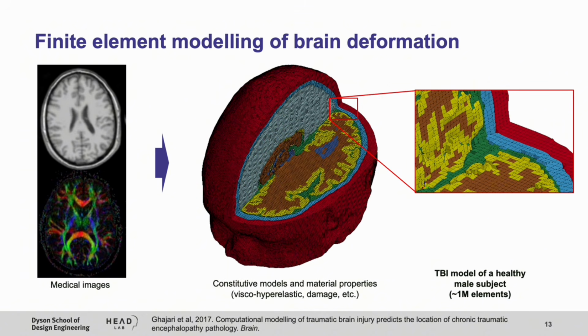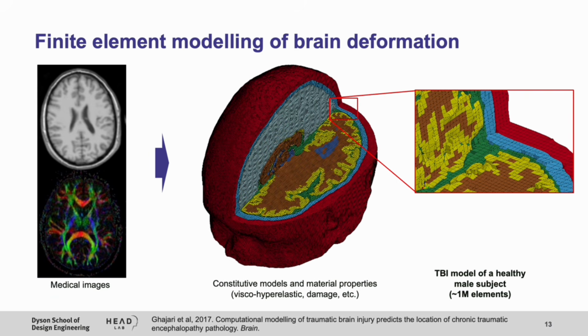MRI scans as well as more advanced scans of a healthy control that was segmented, and then we used the finite element method to discretize different anatomical tissues, different locations into small finite elements that you can see here. So these cubes, these are finite elements, the so-called hexahedral elements.